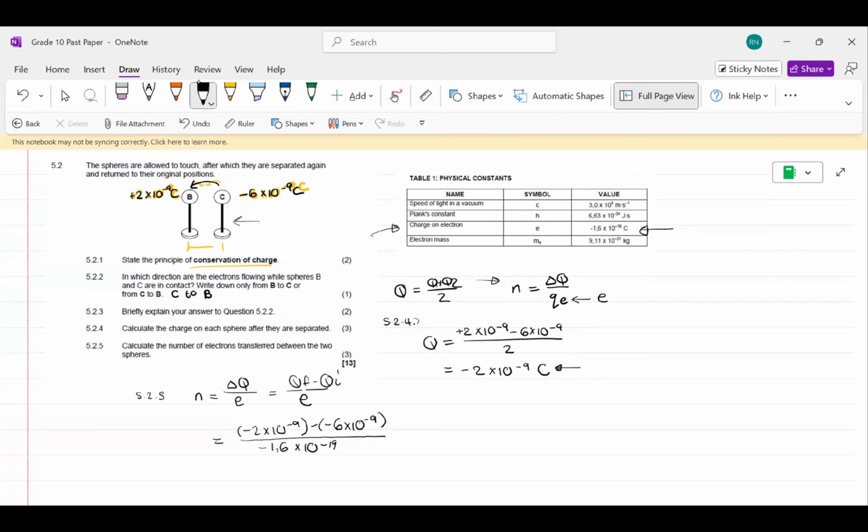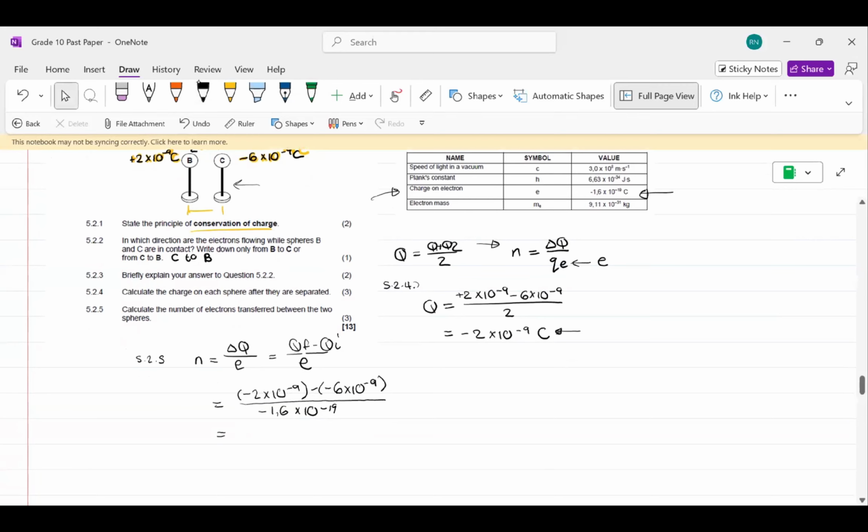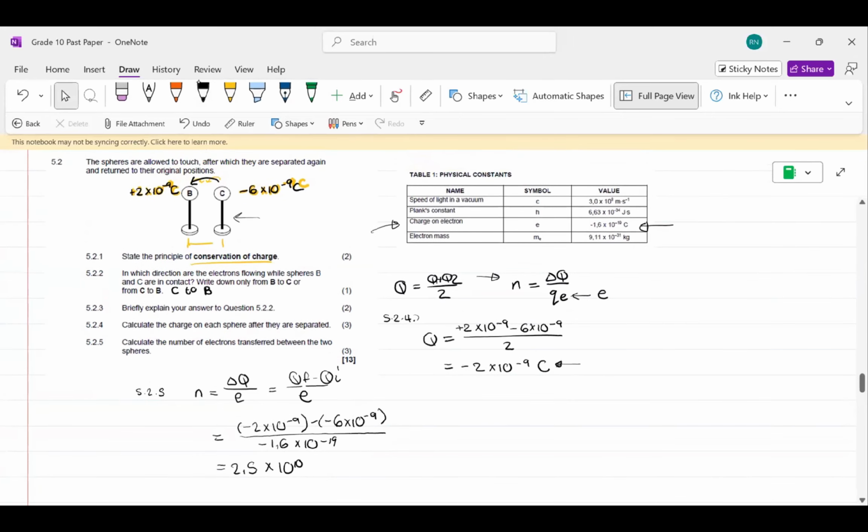Okay. And when you put this in your calculator, you should get 2.5 times 10 to the power of 10 electrons. So that's how many electrons moved from sphere C to sphere B.